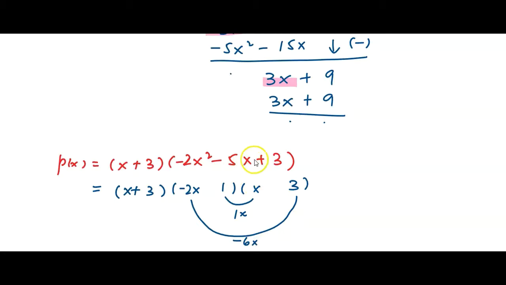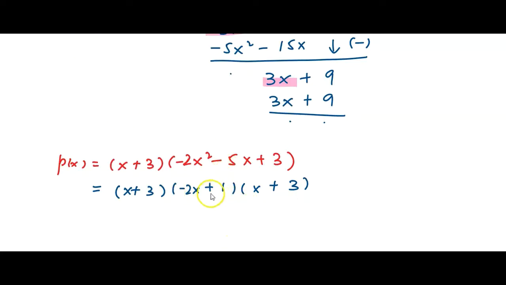In order to get negative 5x, I need a positive 1x plus negative 6x. Try to expand it back. Sorry, this has to be positive in order to get a positive 1x. All right, then I will erase this off.